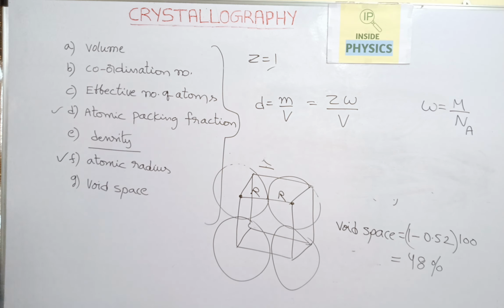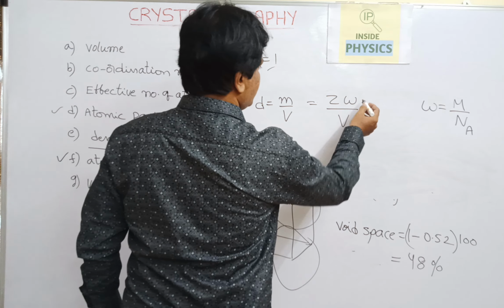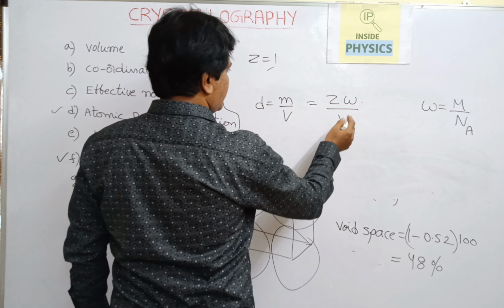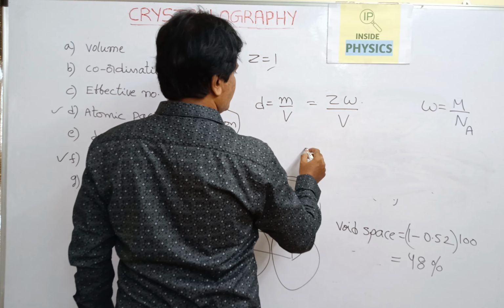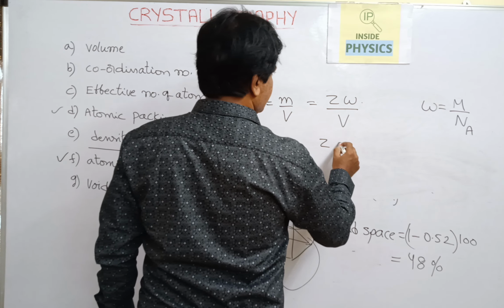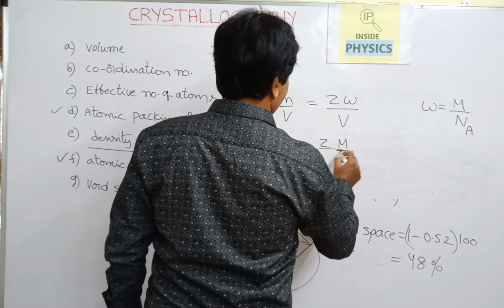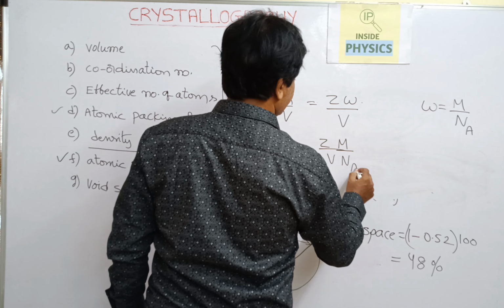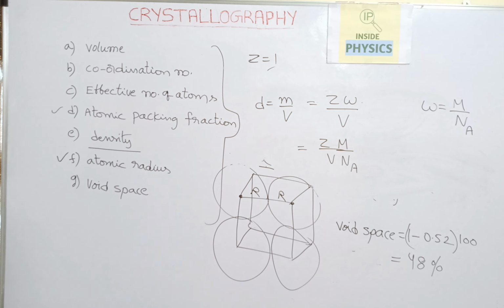Where M is the molecular weight of the material, and Na is the Avogadro number. Then you will get the mass of each atom, which is divided by the total volume. So we can write ZM by V into Na. What is the volume here? Volume is A cube.